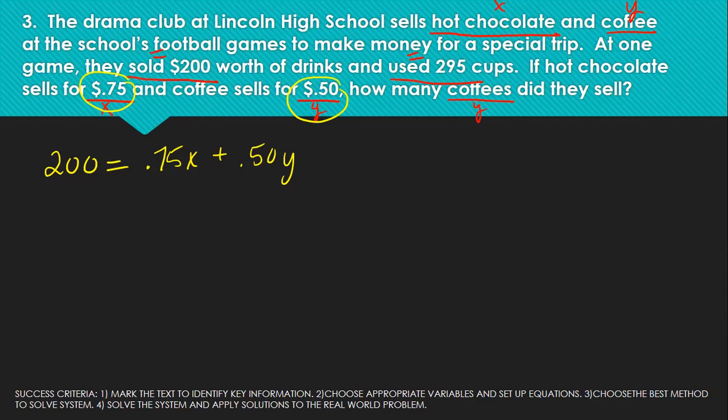All right. So then 295. And so what does 295 equal? It's just your X plus your Y, right? It's not asking for cost. It's asking for the quantity. Does that make sense? And do we currently know what our quantity is? No, that's what we're solving for. All right. Next, it says to solve for your coffees.